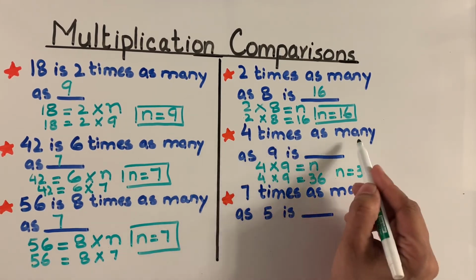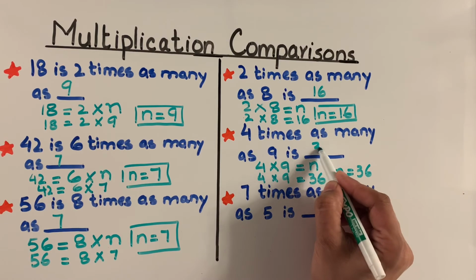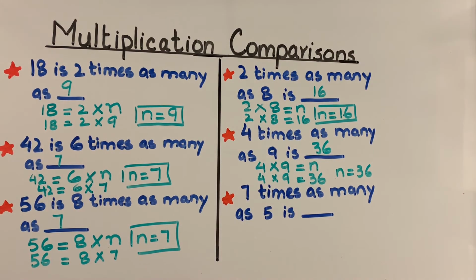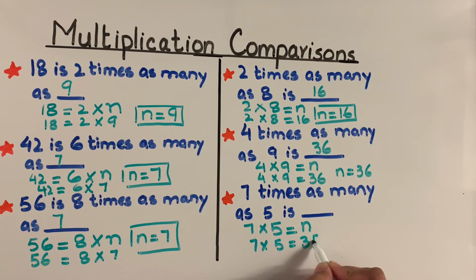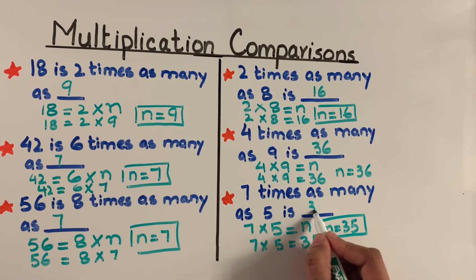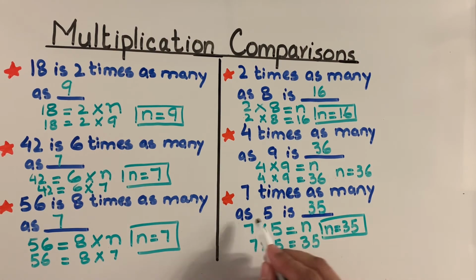So 4 times as many as 9 is 36. 7 times as many as 5 is equal to n. 7 times 5 is equal to 35. So the value of n is 35. 7 times as many as 5 is 35.